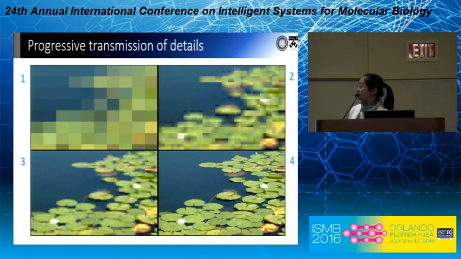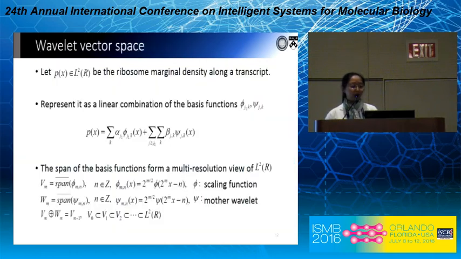You can really decompose the signal into global morphology like this one, plus a little bit more details to get into this finer resolution picture. And to be more precise about what I mean, this is like a wavelet vector space. So let's assume we represent the ribosome density function as P of X.